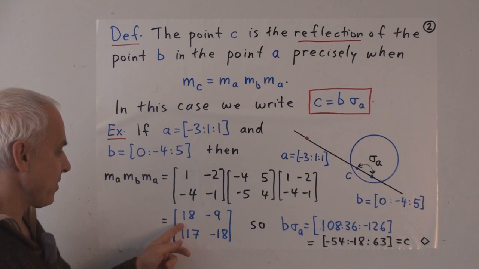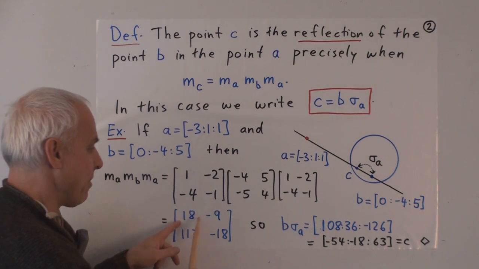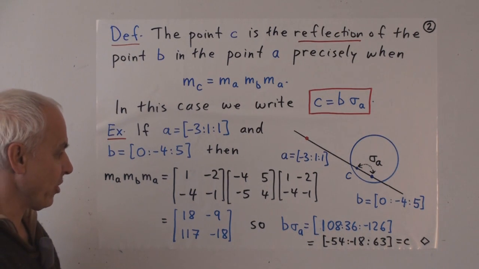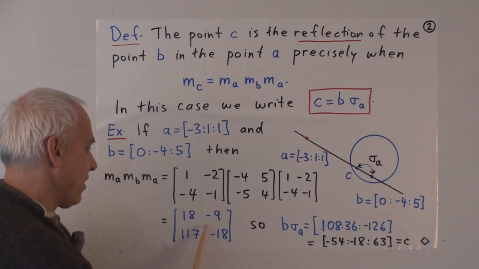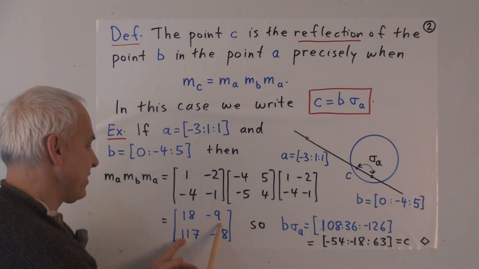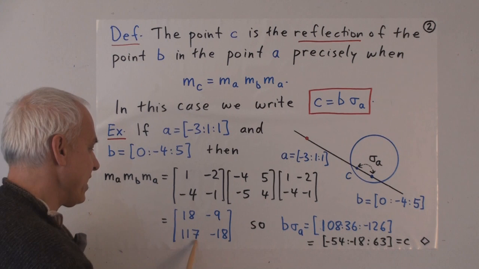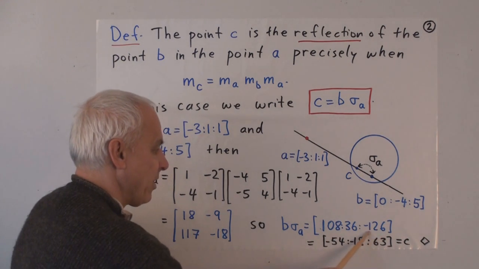The general formula is we take this thing here and multiply it by 2. That's going to be the middle term. And then this thing here plus this thing here, that's 108. It's appearing right there. And this minus this is minus 126. That's appearing there.